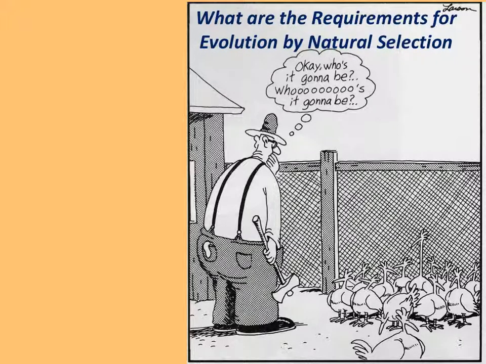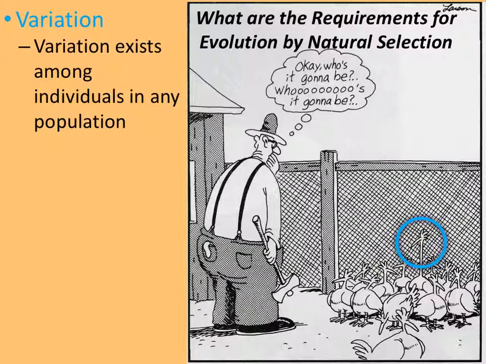So, what are the requirements for evolution by natural selection? There are four of them. Anything? Variation. Okay. Now that variation, tell me about that variation. What else does that relate to?